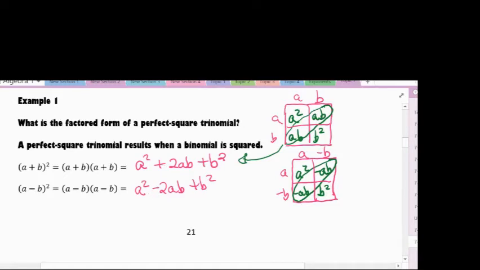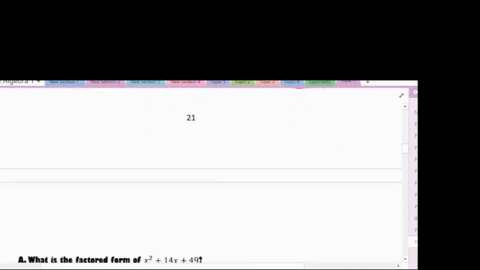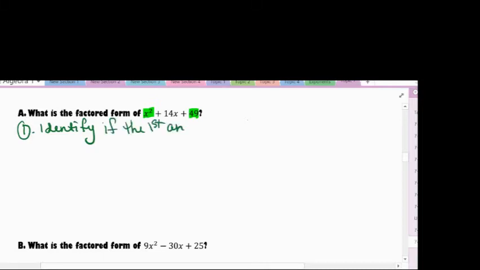So since we understand that multiplying binomials and factoring are really kind of inverse operations, we're going to see how this can result in a shortcut. First thing we need to do is identify if the first and third terms are perfect squares. So this is step 1: identify if the first and third terms are perfect squares.